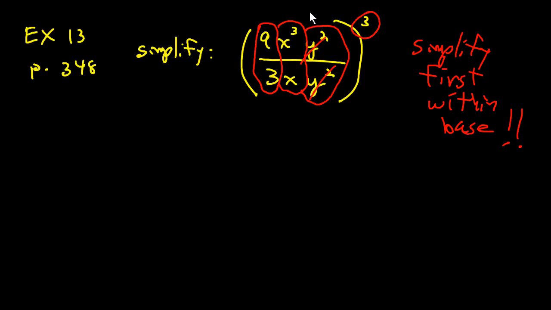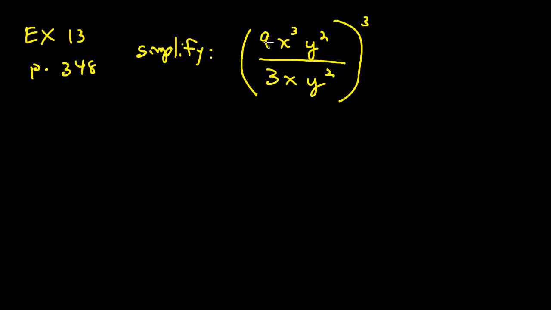All right, let me erase these notes here. So I'll work on the coefficients first. All right, let's simplify within the base. I will hold off on this outer exponent. 9 divided by 3 is 3, is it not? So 3 can go into 9 3 times, and I'll leave a coefficient of 3 in the numerator.